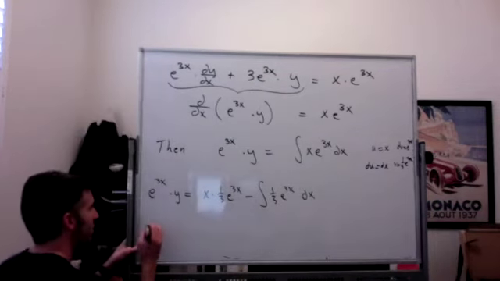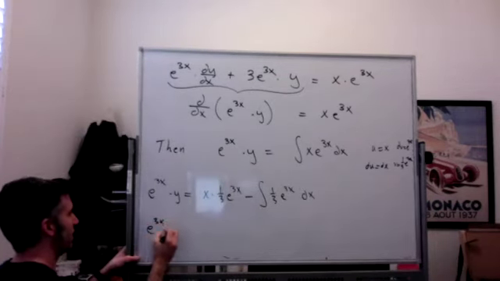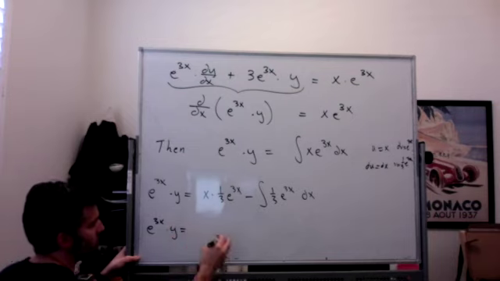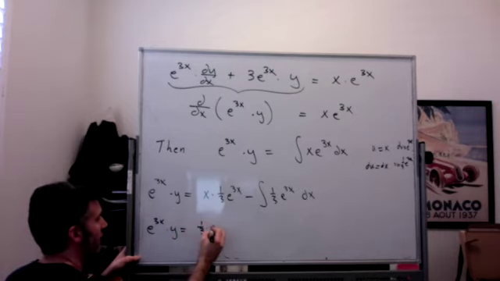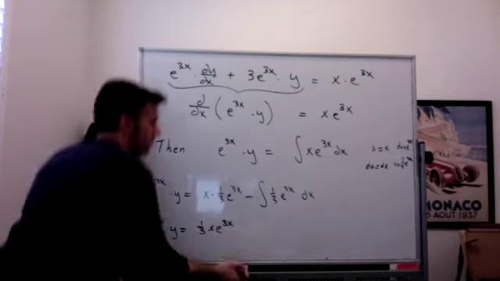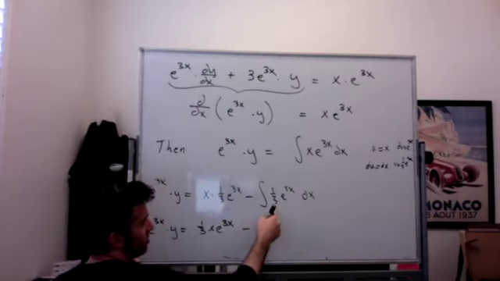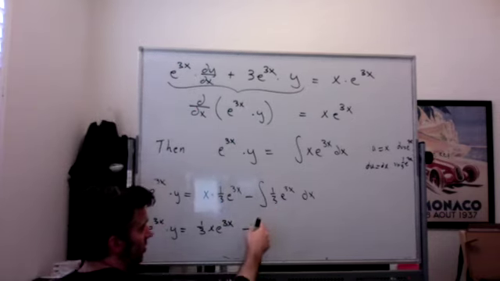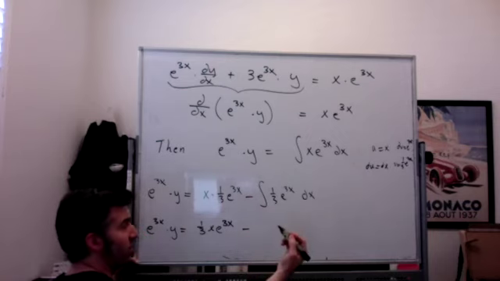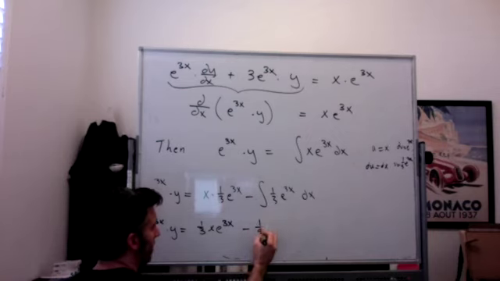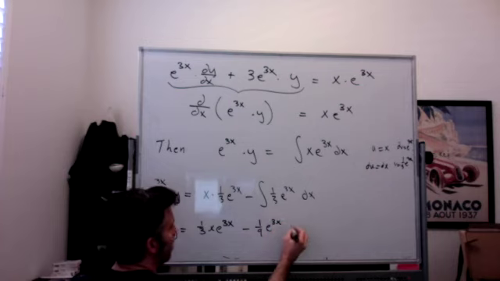So we get e to the 3x times y equal to 1/3 x e to the 3x minus, so the integral of 1/3 e to the 3x is going to be 1/3 e to the 3x divided by another 3. So 1/9 e to the 3x plus c.